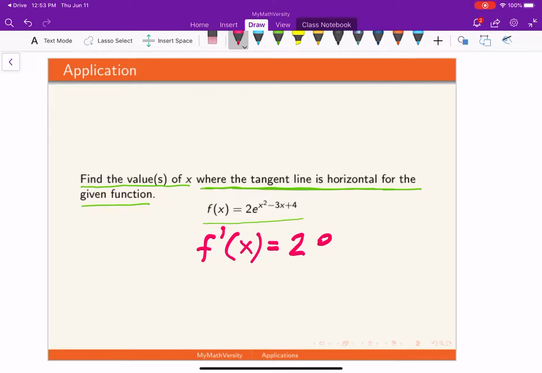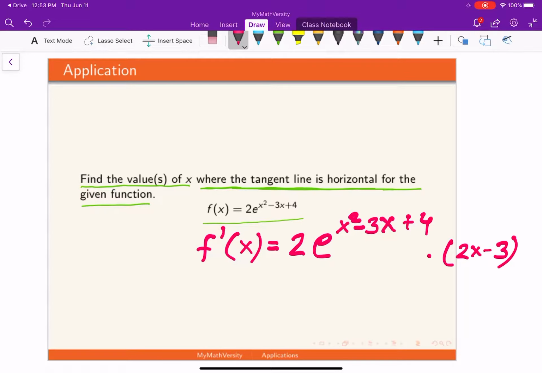The derivative of e to the power x is e to the power x, but that function is composed with x square minus 3x plus 4. So because of the chain rule, we'll have e to the power x square minus 3x plus 4, but don't forget to multiply by the derivative of x square minus 3x plus 4, which is 2x minus 3.